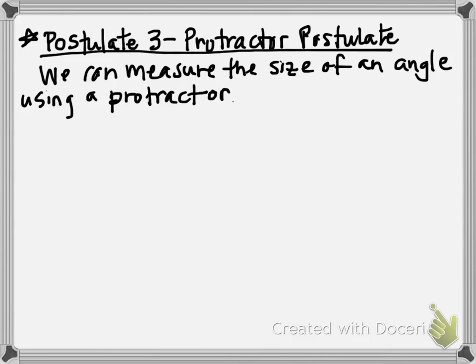Okay. Now, the one thing to take home from the actual postulate is to make sure that you understand that when you are trying to figure out an angle that doesn't start at 0 and go to a number, that's easy to figure out what its size is. It's whatever number the other ray is at.